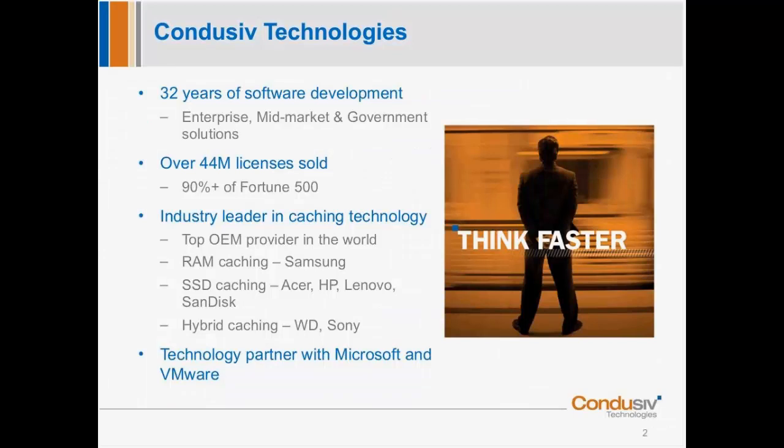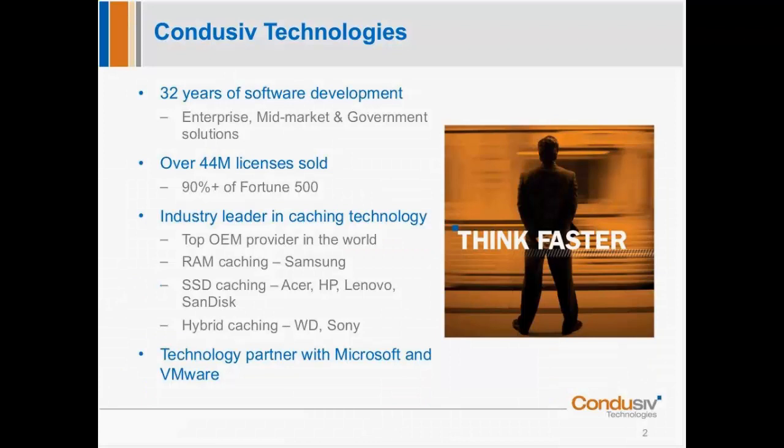Today we have well in excess of 44 million licenses sold, and in fact almost 90% of the Fortune 500 have our products installed, whether it's domestically here in the United States or around the world. We also continue to build upon our deep relationships with Microsoft and VMware. Specifically with VMware, we're a TAP and Flash program partner.